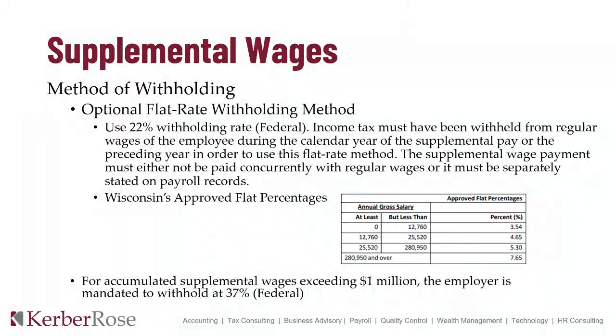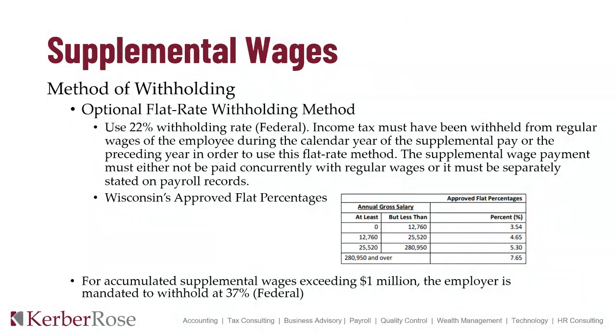Another method of withholding for supplemental wages is the optional flat rate withholding method. So if you want to have it on a separate payroll run, basically you should be using a 22% withholding rate for federal. And then Wisconsin has these approved flat rate percentages, and I included their chart for 2022.